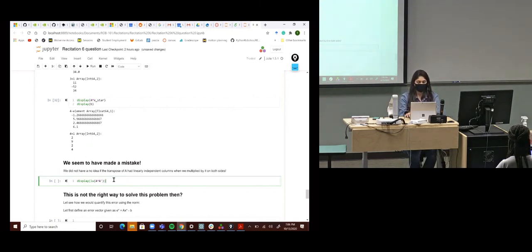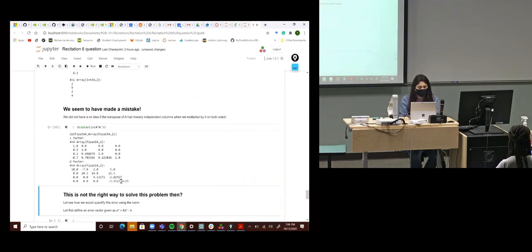Does that make sense? And looking at that LU decomposition, what we thought we were doing wrong, we found, well, A transpose isn't actually linearly independent. Same thing?